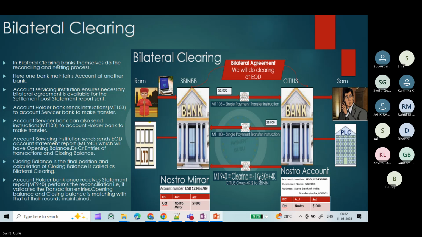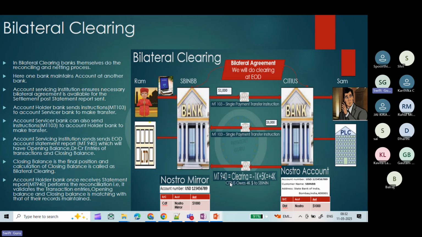So this MT 940 is the account statement report which gets generated. Basically, it is nothing but the clearing which they have done by themselves: how much was the start of day balance, how much debit happened, how much credit happened on the notional account. That's when they have sent the statement report.